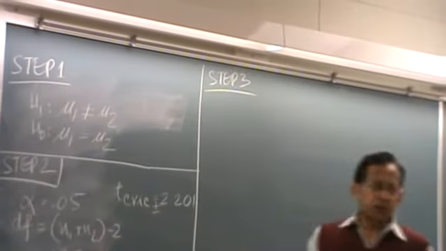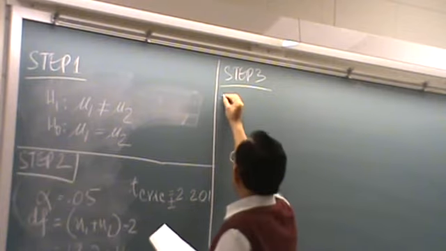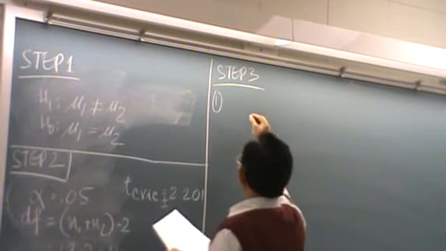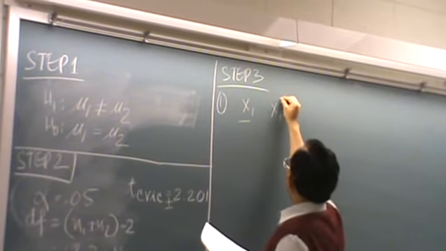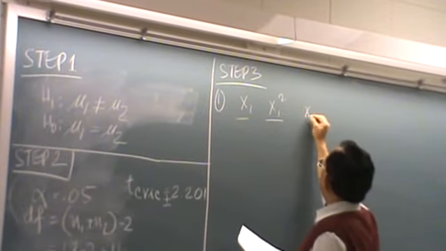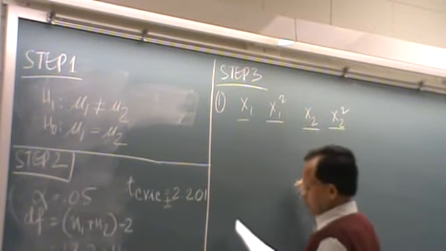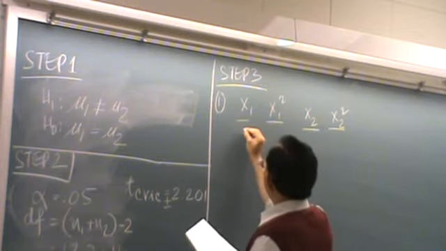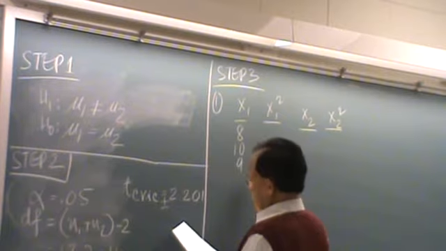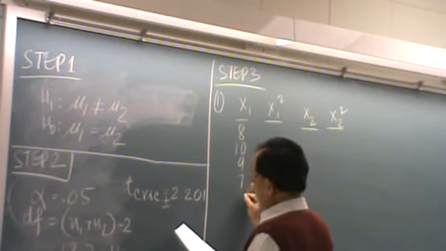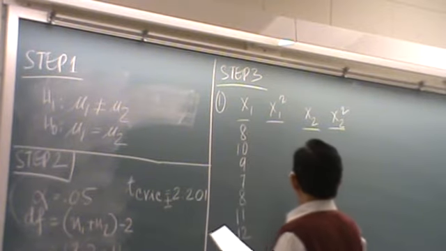Step 3, we have 4 different sub-steps. So first sub-step, we look at all the values given to us. So x1, x1 squared, x2, x2 squared, and we have 8, 10, 9, 7, 8, 11, 12.